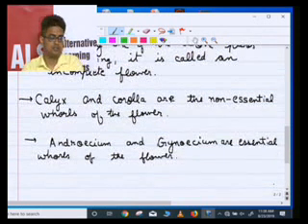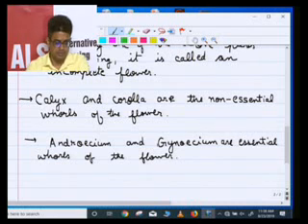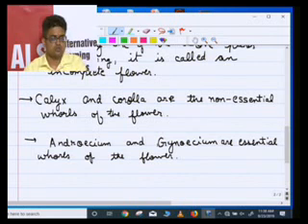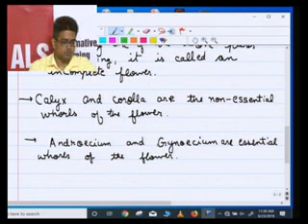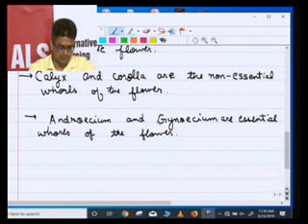It's called a sterile flower if one of the other parts is missing. And there are unisexual and bisexual flowers also. If, suppose, one anther is missing, it is called a sterile stamen. So sterility can also happen in some flowers.